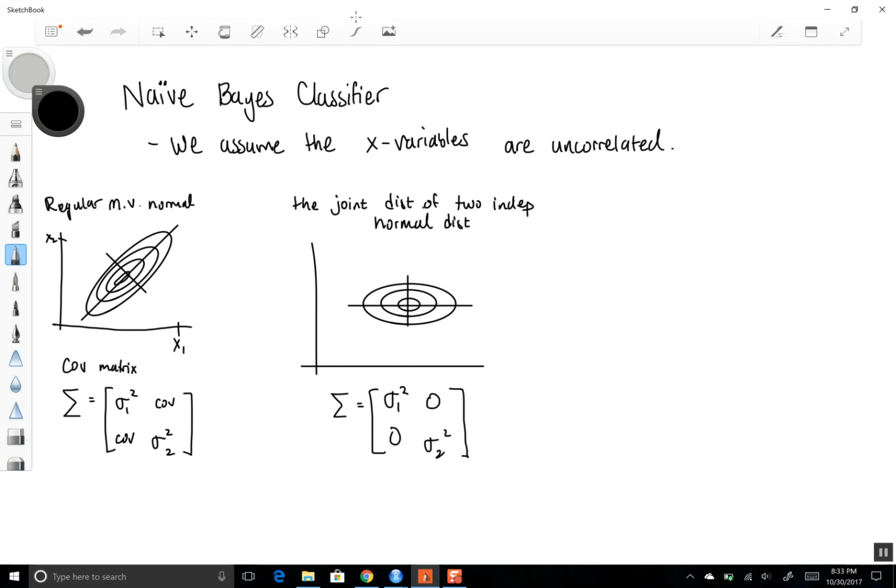So that's the naive Bayes classifier. Now, why would we want to make a bad assumption about our data? We know this is not a good assumption because a lot of times in our data, our x variables are correlated.